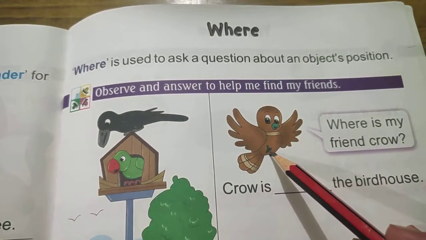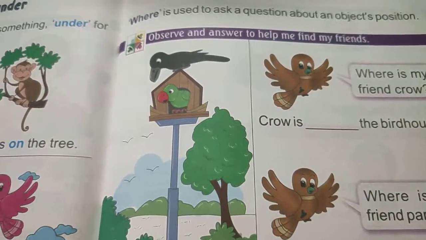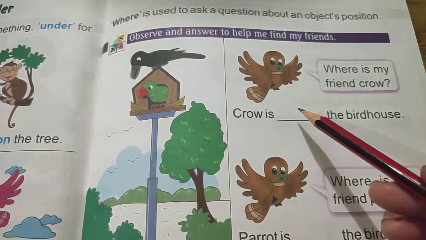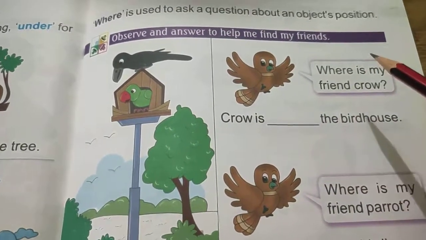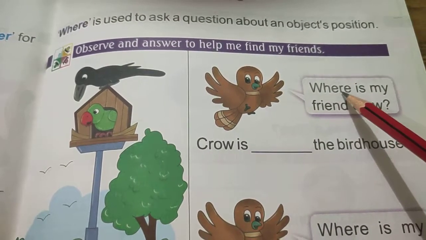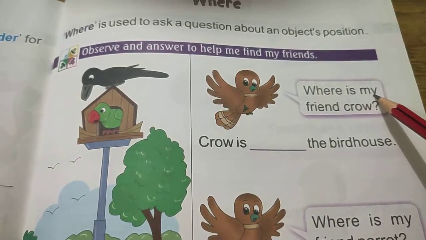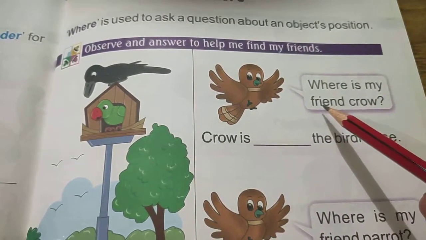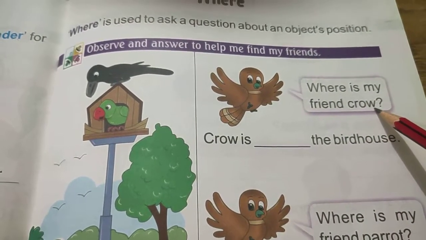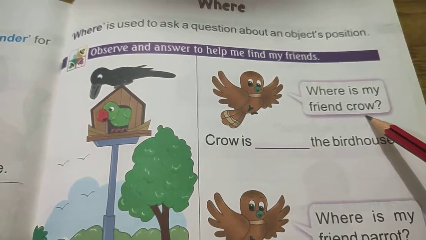Here is a bird and it is saying observe the things, observe the objects and help me find my friends. Now he is asking, where is my friend crow?